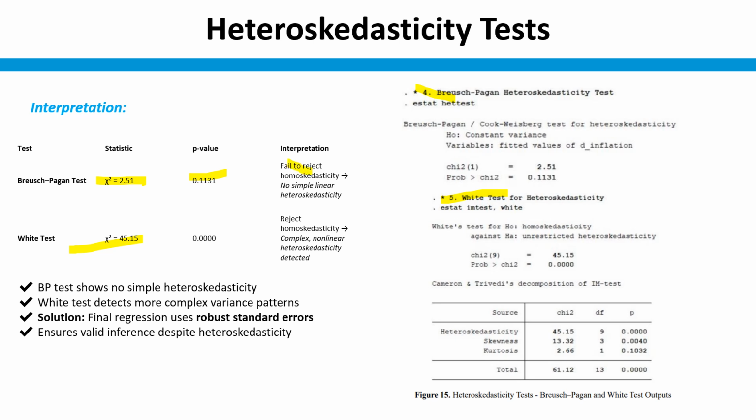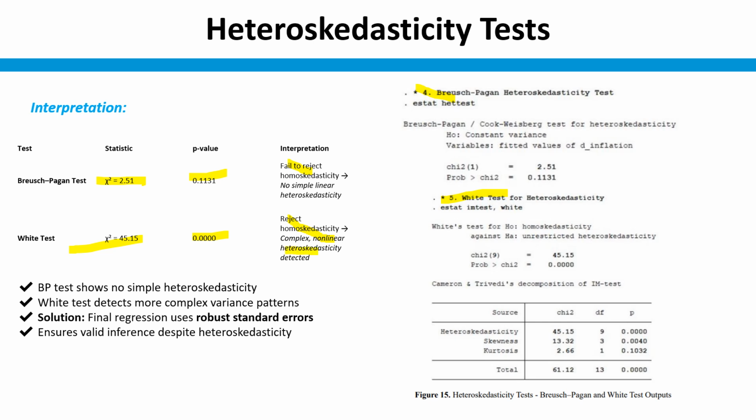So we can say there is no simple, no linear heteroscedasticity. As far as the White test is concerned, the p-value is below 0.05, so we reject the null, and we suggest that there is a sort of complex heteroscedasticity detected.